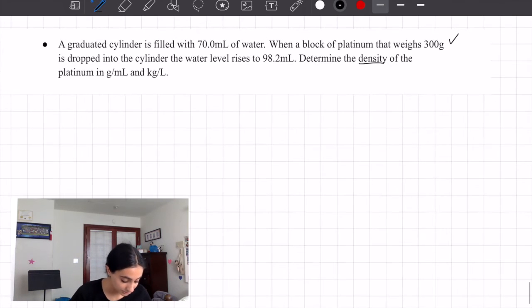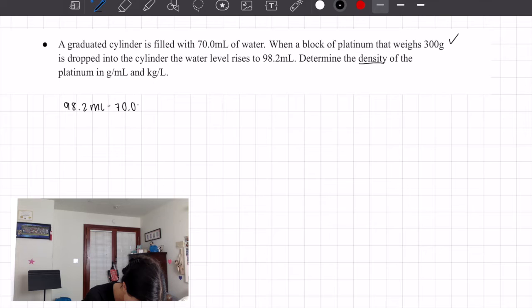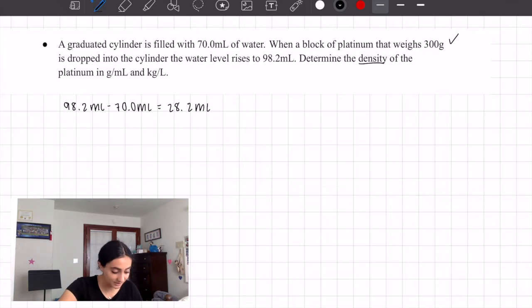So what we are going to do with this is subtract 98.2 milliliters minus 70.0 milliliters, and then our answer would be 28.2 milliliters. And again, that is because the water level rose by 28.2.